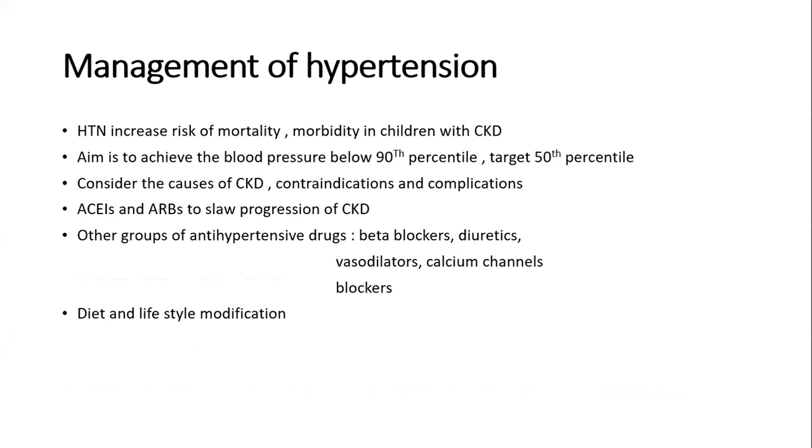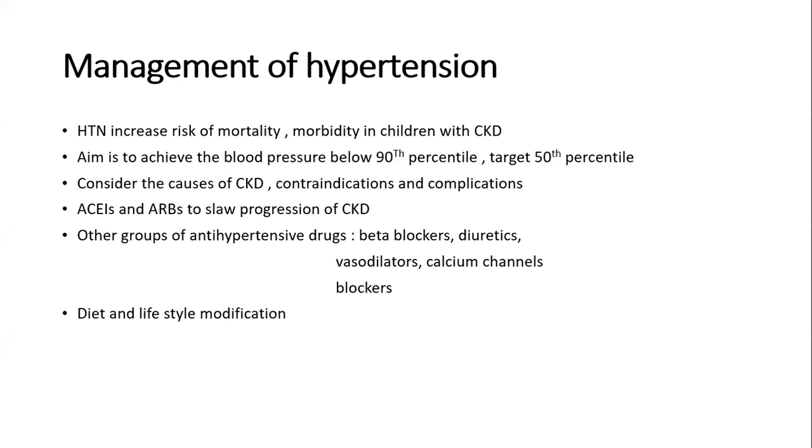Our target in the treatment of hypertension is to lower blood pressure slowly, initially below the 90th percentile, but our target is supposed to be the 50th percentile. For other doctors, you are supposed to have the curve. There is a curve and a table for the blood pressure of children according to age and according to gender, not weight.